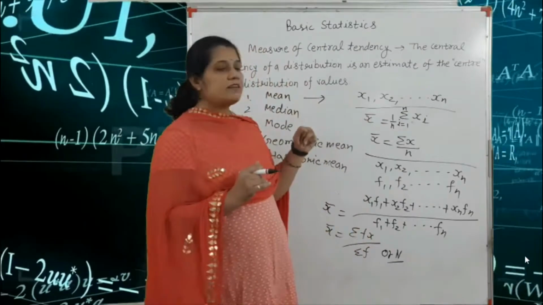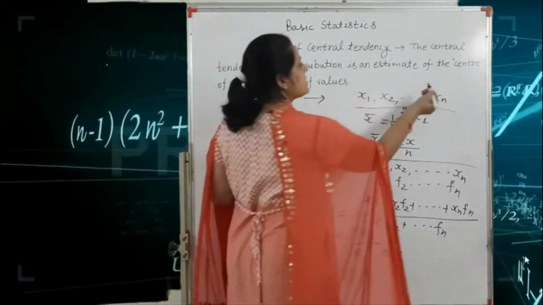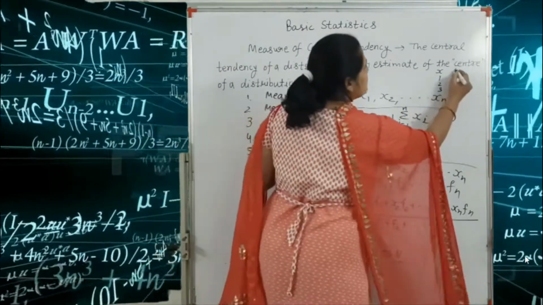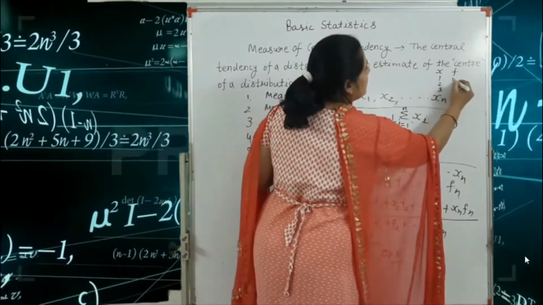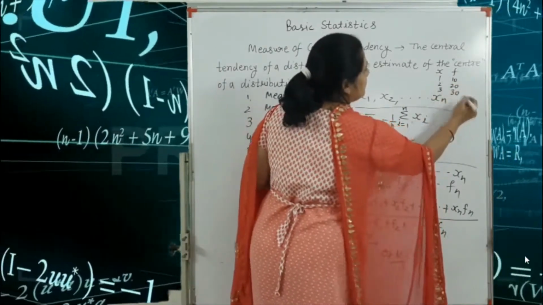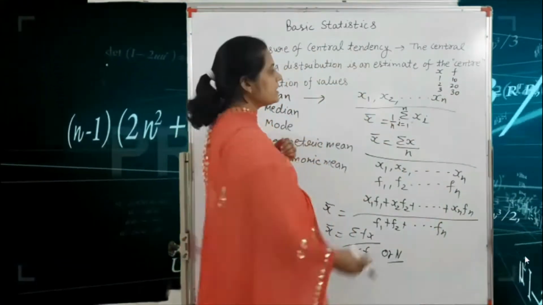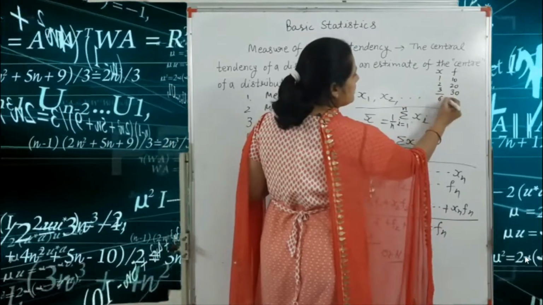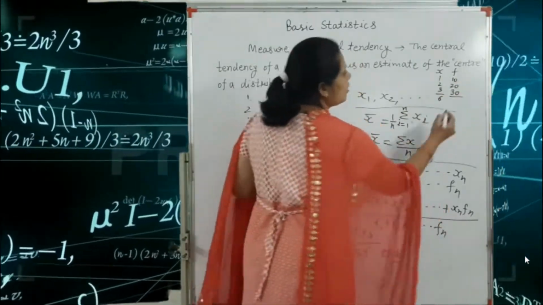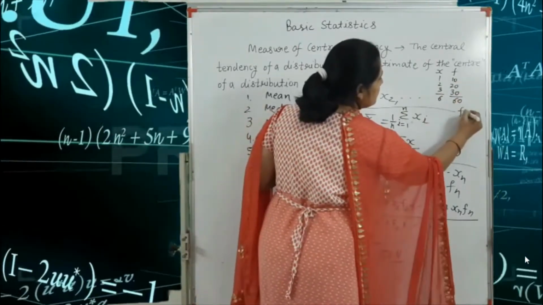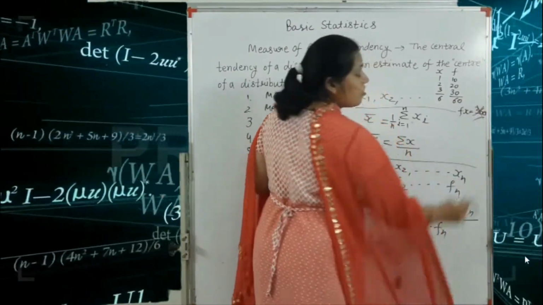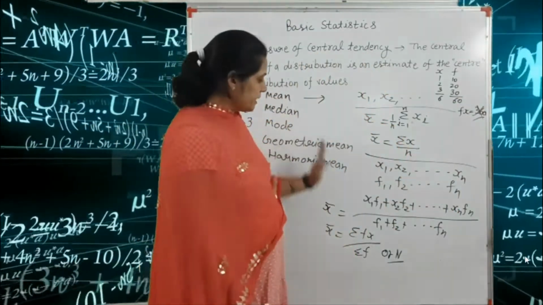Sometimes we are given, for example, x is equal to 1, 2, 3, and the corresponding value of f is 10, 20 and 30. Sometimes students write the sum of x is 6, and the sum of f is 60, and then multiply to get 360, but this is the wrong way. Why? So don't be confused.